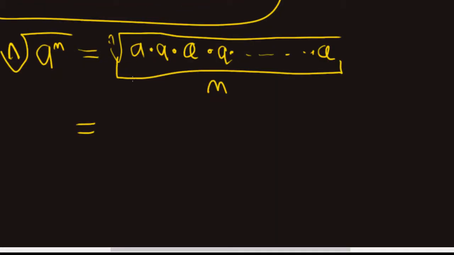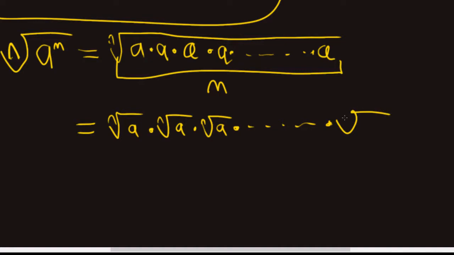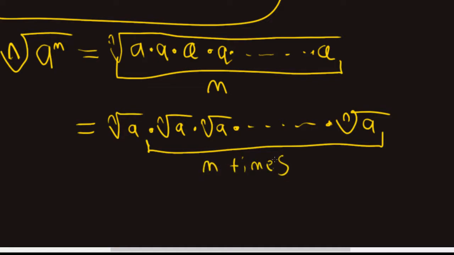If that's true, then we also know that this is the same thing as the nth root of a times the nth root of a times the nth root of a, and so on until you get to that last nth root of a, and you've done that for m times. Hopefully this makes sense. It's just a consequence of that first proof that we did.